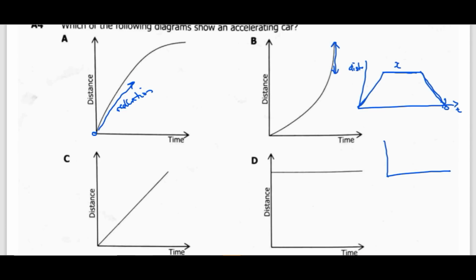And then the other one, which is here, we are saying that the distance is what? Is constant. So it is moving in a single direction, and it is only increasing by time. And this one also has the same explanation that we've given, for example, in this diagram that I drew here.